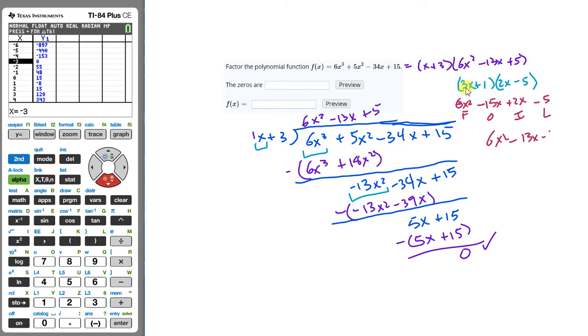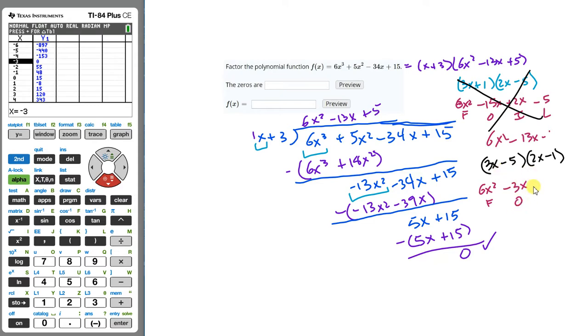So let's try 3x minus 5 and 2x minus 1. Let's try foiling it and see if it works. 3x times 2x is 6x squared. Outer times outer is minus 3x.